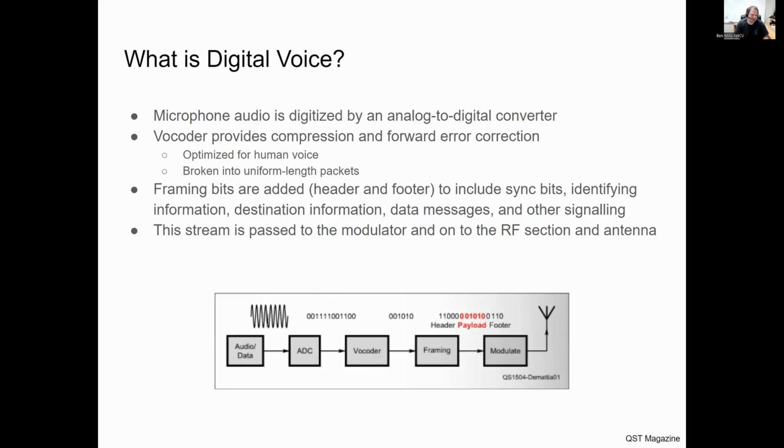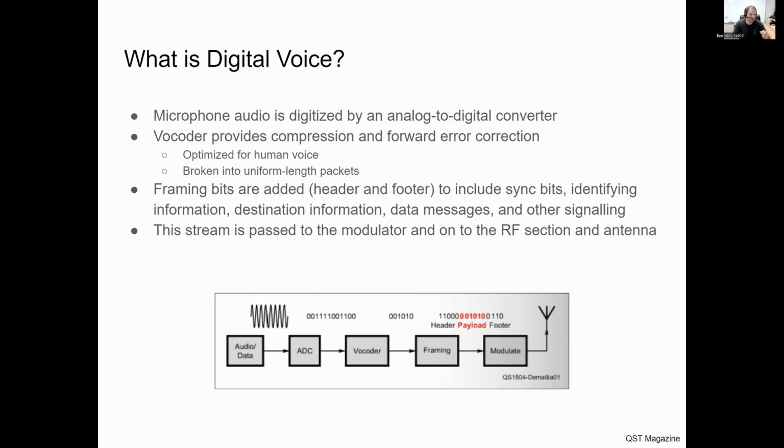Just in review, this is a nice block diagram out of QST that goes over what happens when you talk into your microphone and it comes out as a DMR signal, and then obviously what happens in reverse. The first thing that happens, unlike traditional FM or AM modes, is our voice is immediately encoded by an analog digital converter or vocoder.